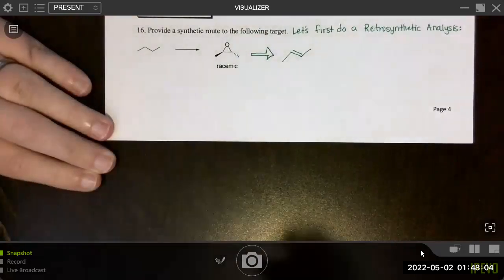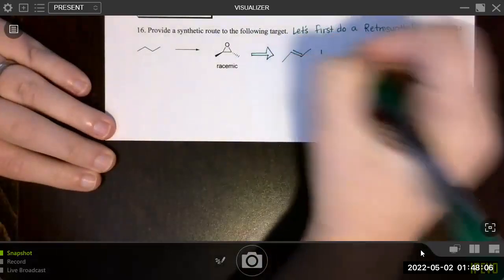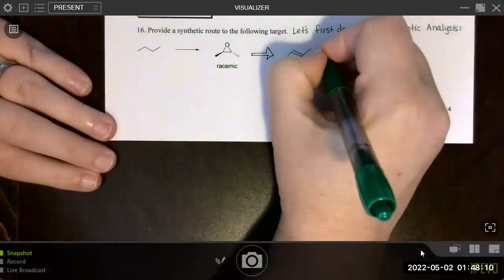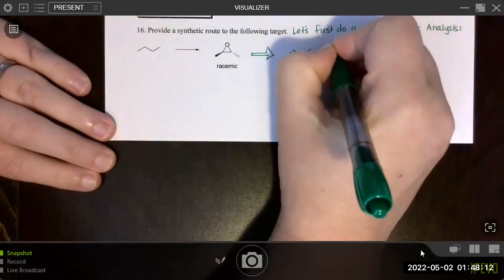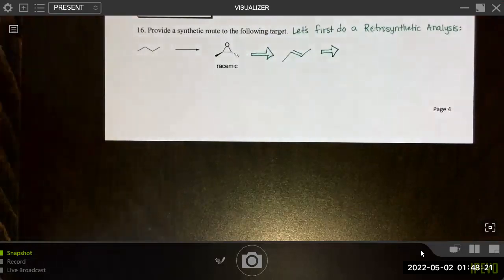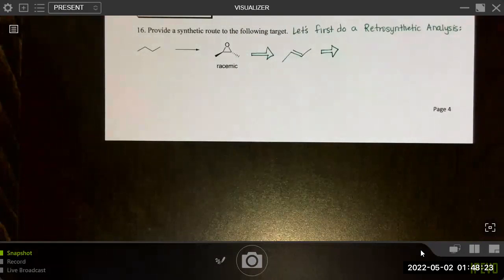Okay, and then now we are a little bit closer, right, to the product. How do we make double bonds? Think to yourself, how do I make an alkene? Well, we make an alkene through an elimination reaction, right? So if we're going to do an elimination reaction, we need to have a good leaving group to eliminate.